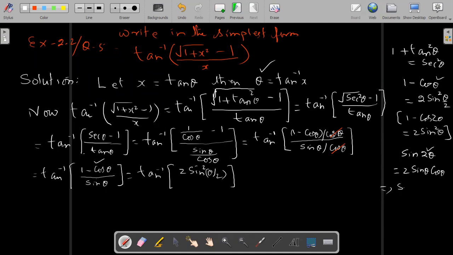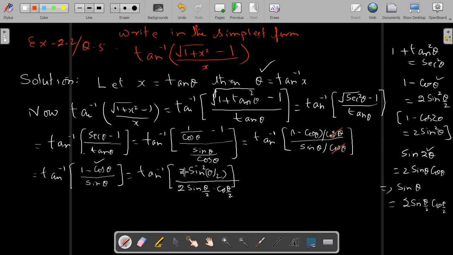So from this formula, sine theta can be written as 2 sine theta by 2 cos theta by 2, the half angle.